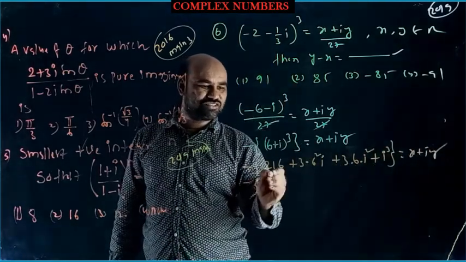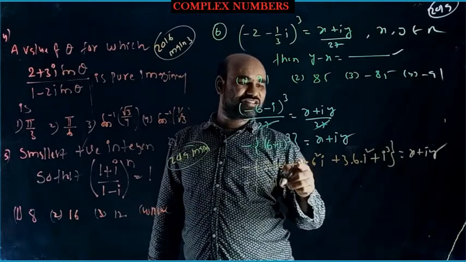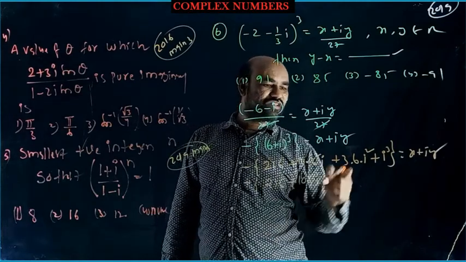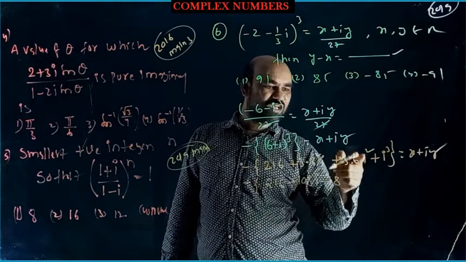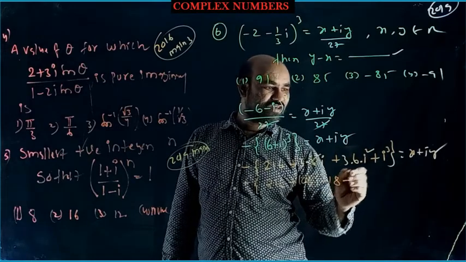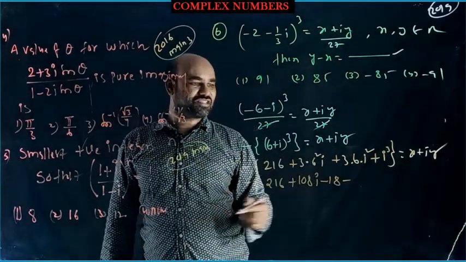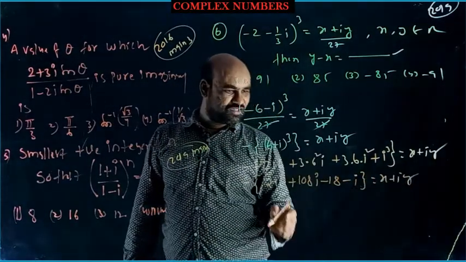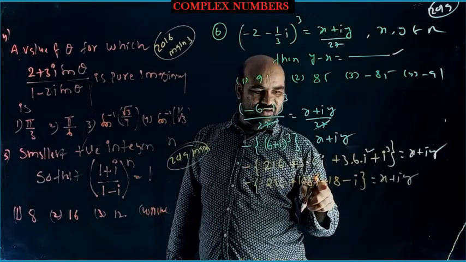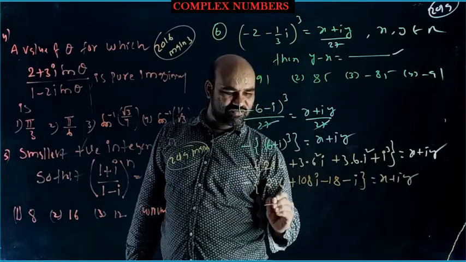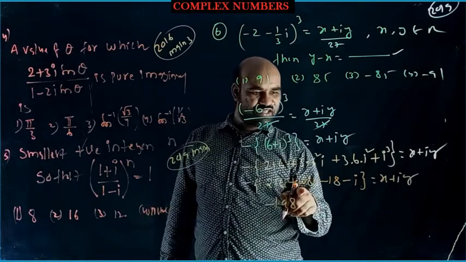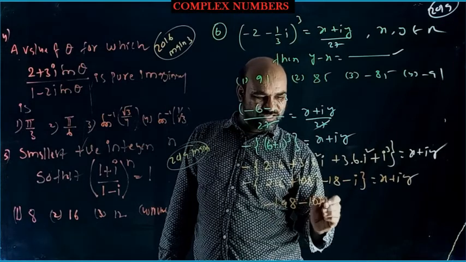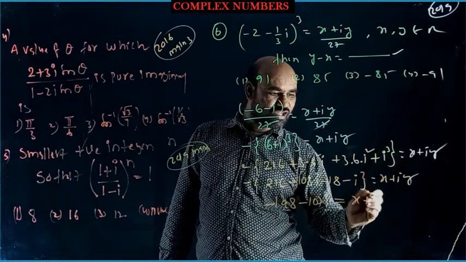Now I want to simplify this. 216, 3 sixes are 18, so minus 108 plus 108i, yes, this is 18 minus 18 because iota square is minus 1, plus iota cube means minus iota, equals x plus iota y. 216 minus 18 is 198, with minus 198, and 108 minus 1 is 107, so minus 107i is equal to x plus iota y.